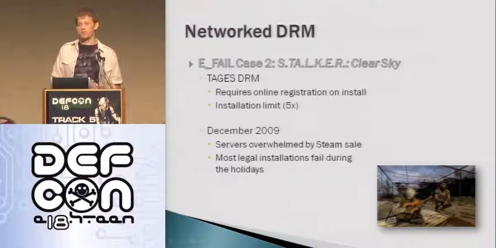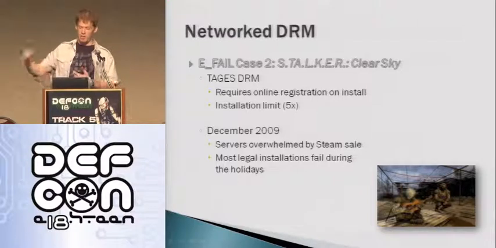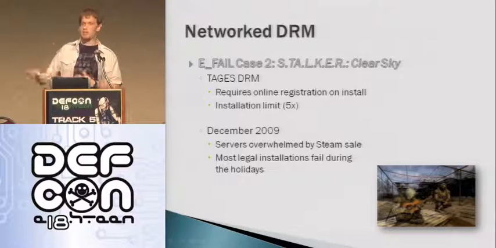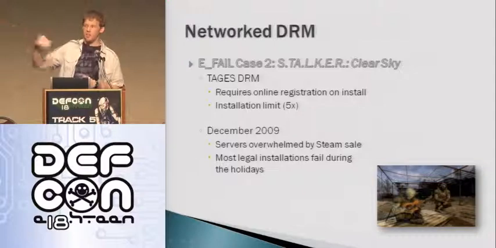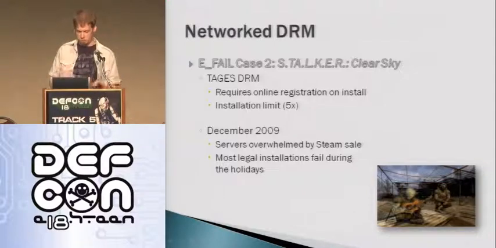But in December of 2009, after this game was released, Steam had a sale. And here we see already Steam itself provides a DRM. But the DRM from Target was still on top of Stalker, and so once you installed it through Steam, it would go ahead and contact the DRM server from this DRM system. And as it happened over Christmas, because of so many people using it, the DRM servers went down.